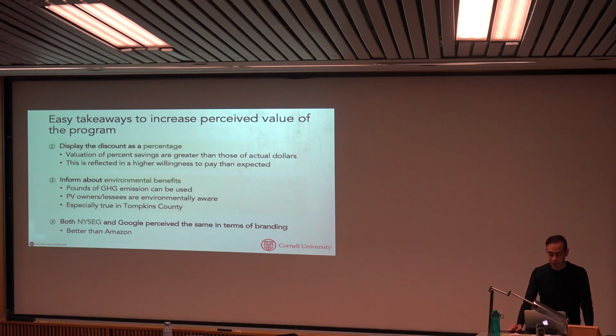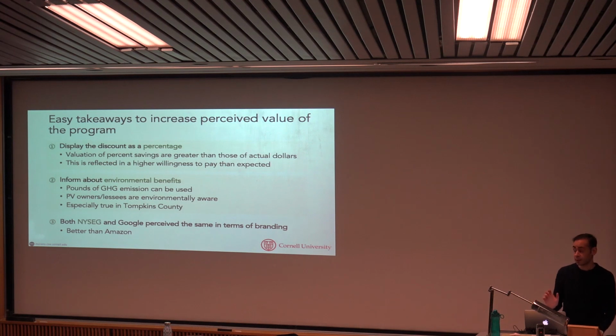Another thing that we were testing is, there is some evidence in the literature that people get confused when they see pounds of CO2, and maybe they don't know how to process that kind of information, that they need some kind of equivalence. You may have seen these calculators that show equivalences of trees being cut or cars being taken off the street, equivalent to the emissions that you're saving.